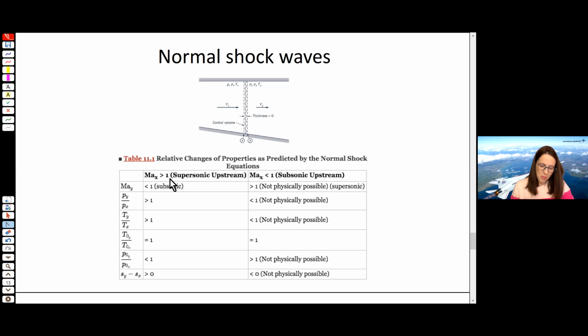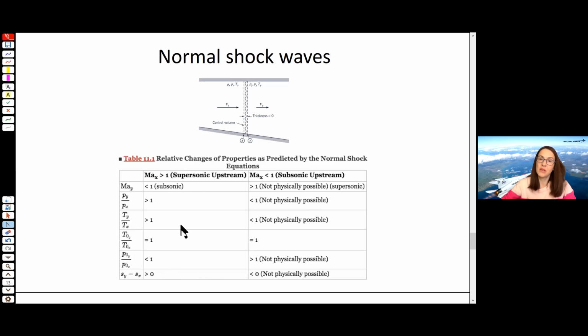But in general, as we saw on the first slide today, the Mach number decreases because the velocity, which is actually not in this table, slows way down. It decelerates almost instantaneously. So our downstream Mach number is subsonic.